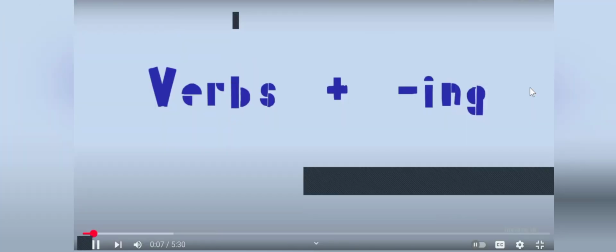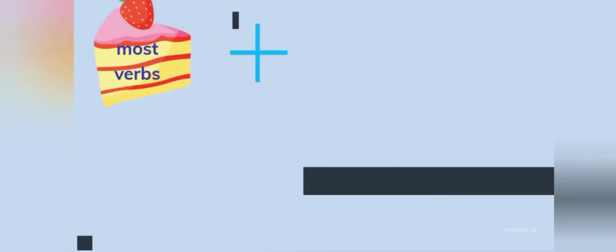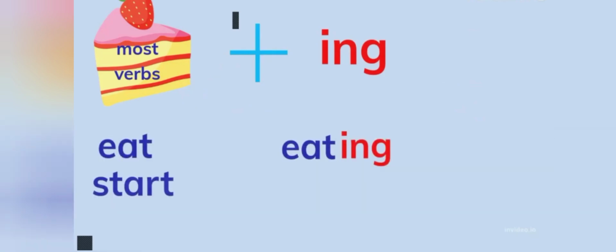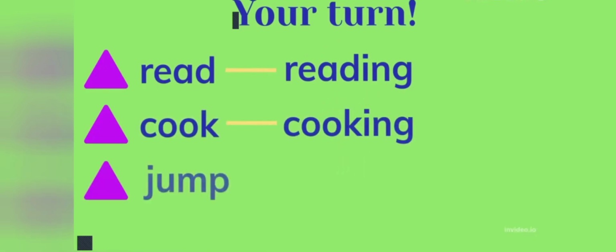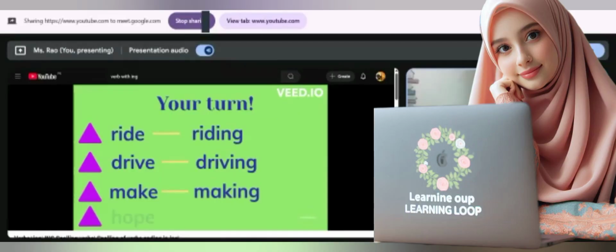For most verbs, we just add ing. For example, eat, eating, start, starting, do, doing. Your turn. Read, reading, cook, cooking, jump, jumping, wait, hope, hoping.